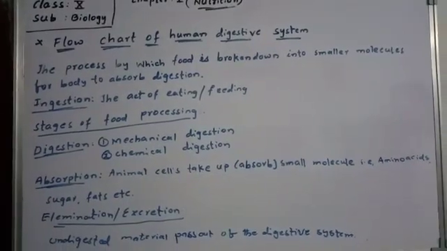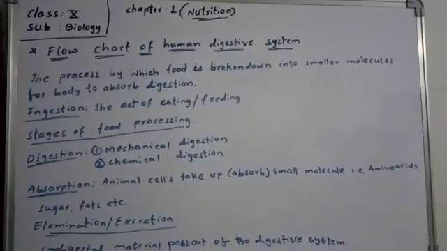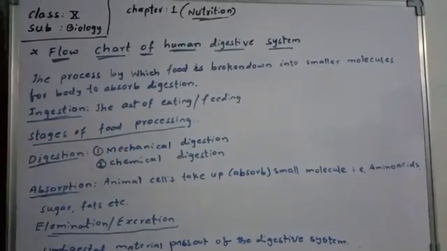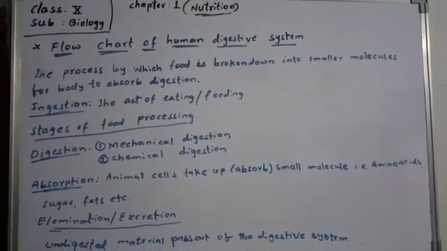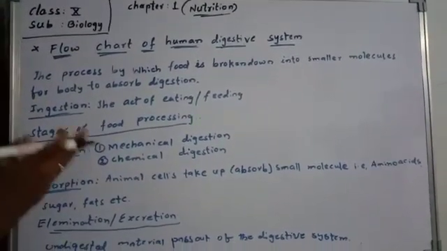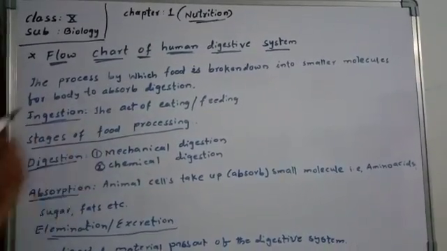Stages of food processing. First, digestion, which has two types: mechanical digestion and chemical digestion.